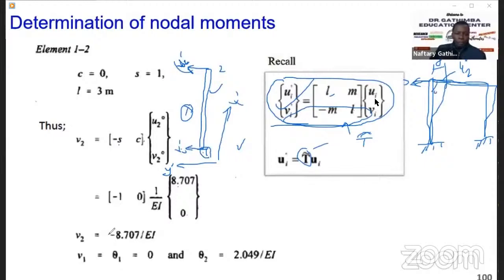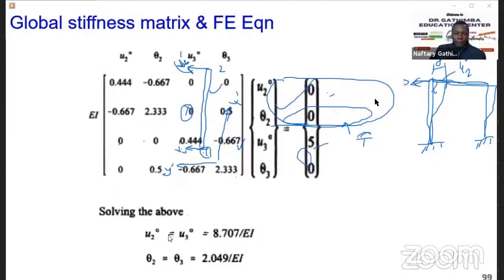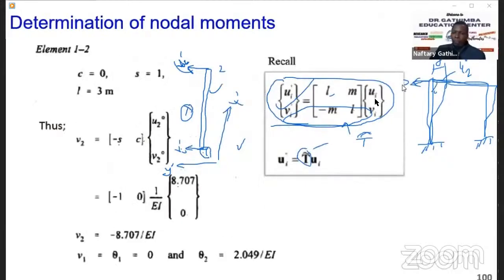Now, this V2, if I go backward, you can see U2 for the whole structure was positive. Because of the compatibility principle, the V2 at the elemental scale will be of course the opposite value. So even using this formula or by observation, we could obtain the V2 for that element one.